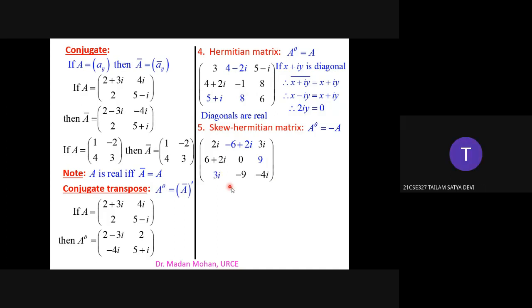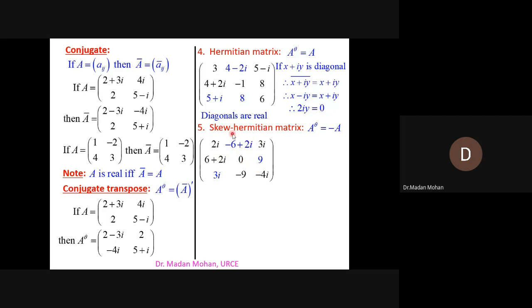Therefore, it is minus of conjugate. What is the conjugate of 3i? Minus 3i. Minus of conjugate is plus 3i again. So x plus iy becomes minus x plus iy. Okay.